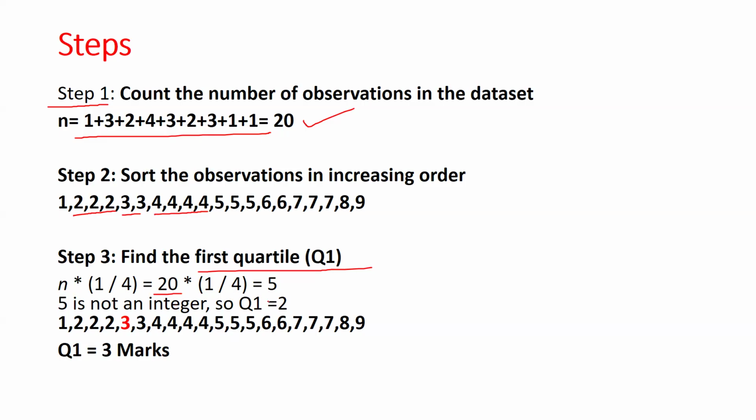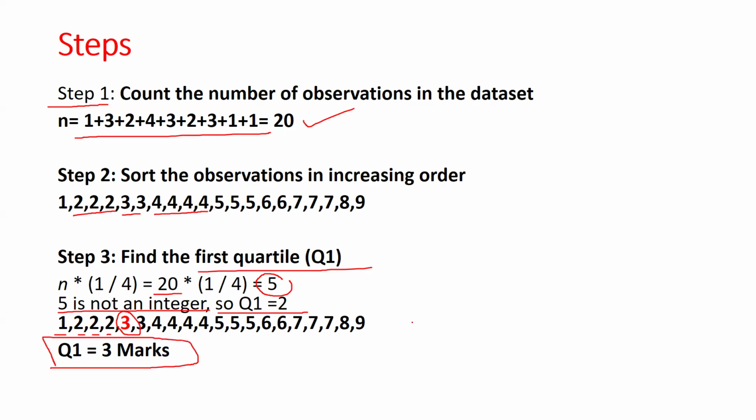This is the position we have got, 5th. Now, 5 is an integer. So Q1 is equal to 2, because we find what is at the 5th position: 1, 2, 3, 4, and 5. This is my 5th position in my data set, so the 2 marks is my quartile 1.